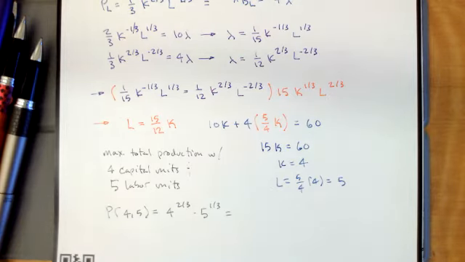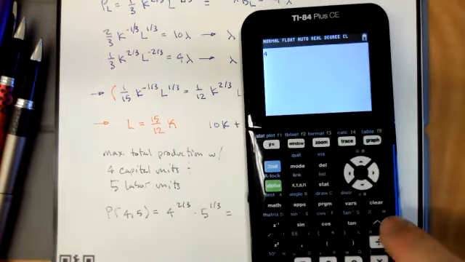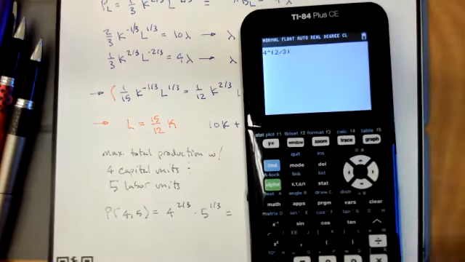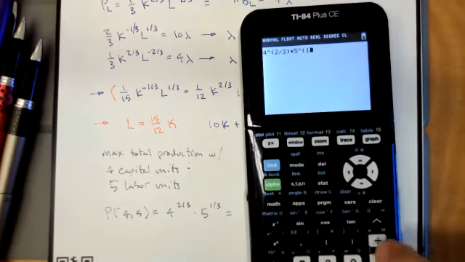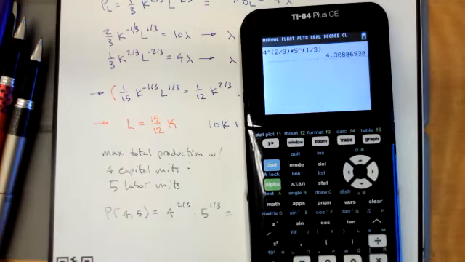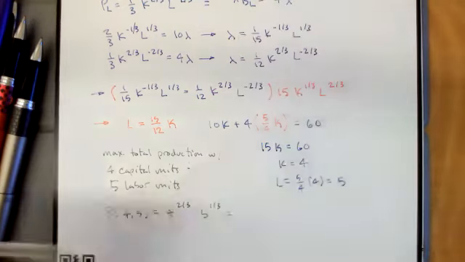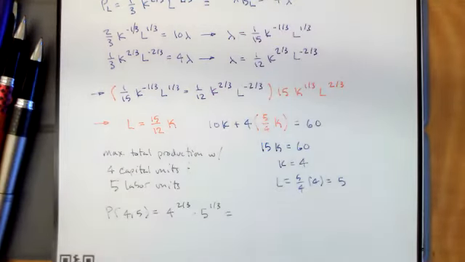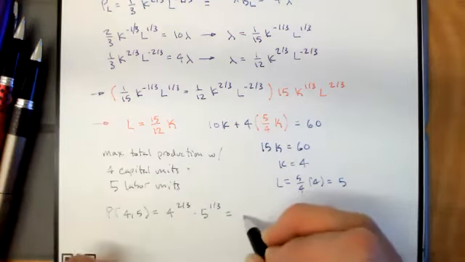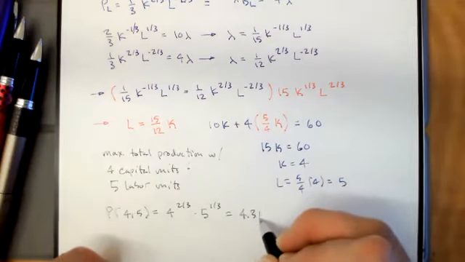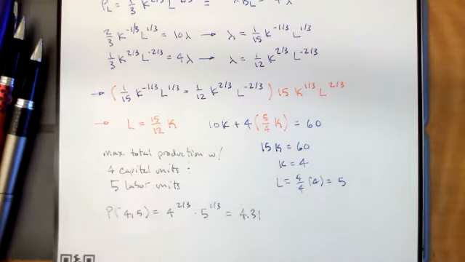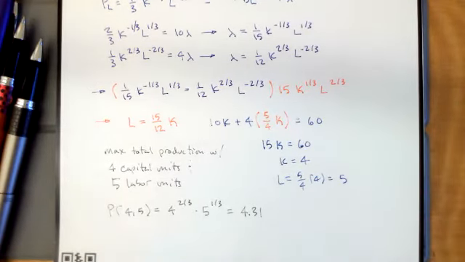So apparently our maximum total production will be 4.31 units. Question?